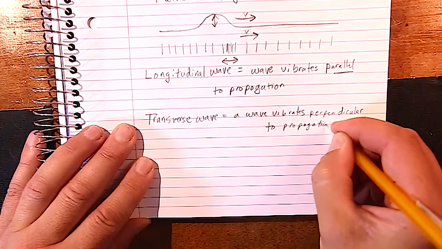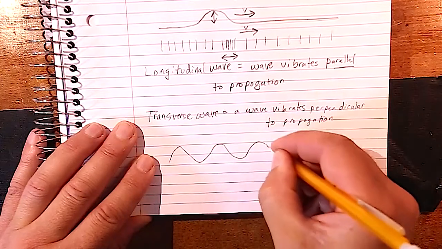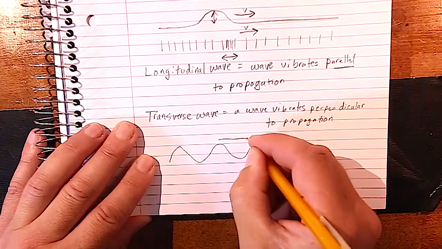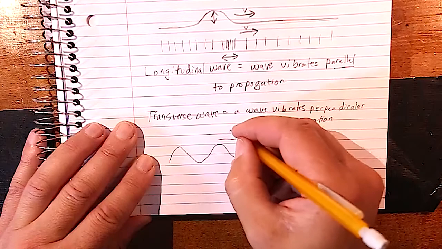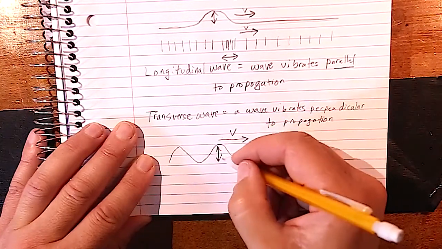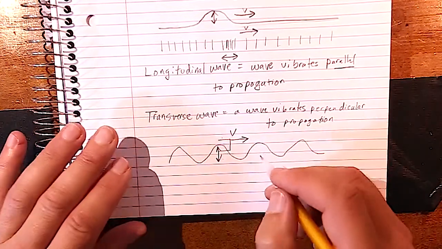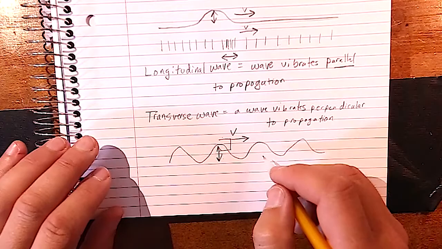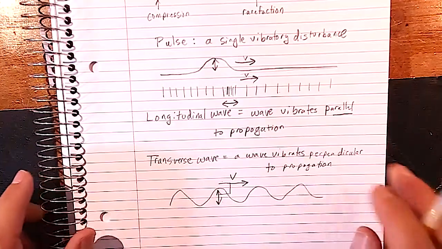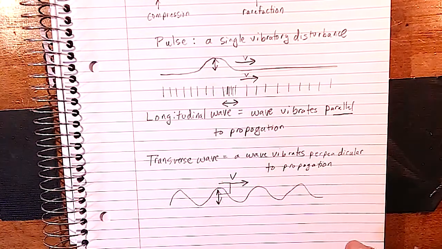Again, we can look at a wave that looks like this, propagating this way and vibrating this way. These two are perpendicular to each other, so that makes it a transverse wave. And remember, in both types of waves, it's only energy that's transferred, not mass.